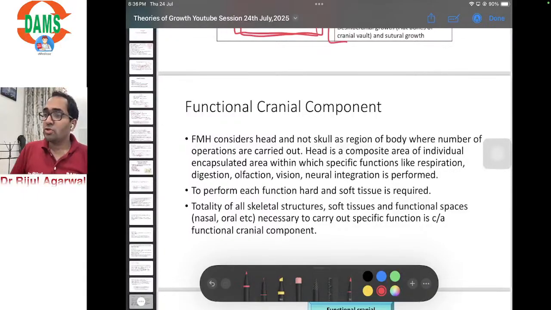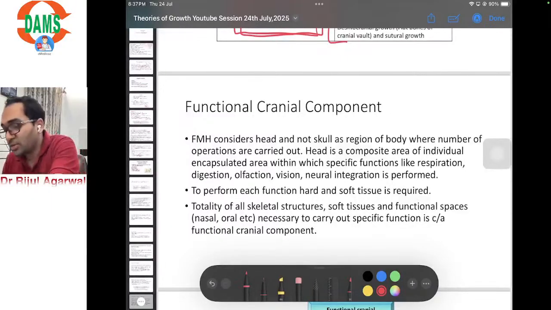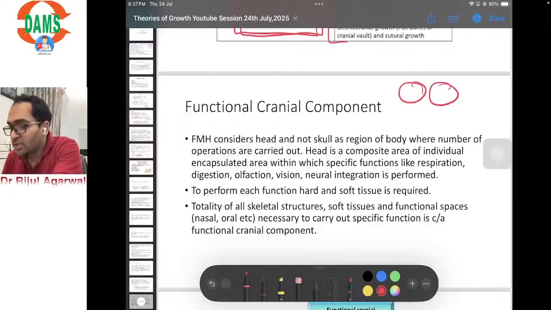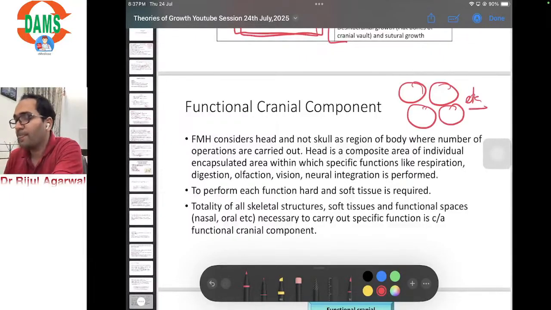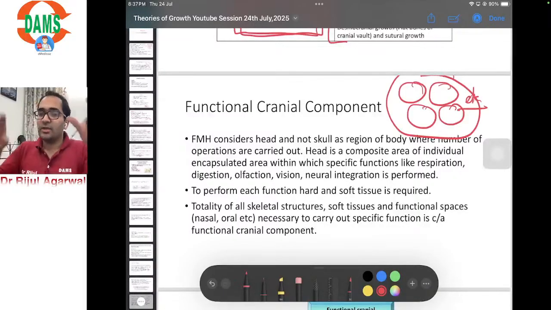It is made up of encapsulated areas within which specific functions are carried out, like respiration, digestion, vision, smell, etc. There are various encapsulated areas located in this region. Imagine the brain only: each part of the brain serves one particular function.